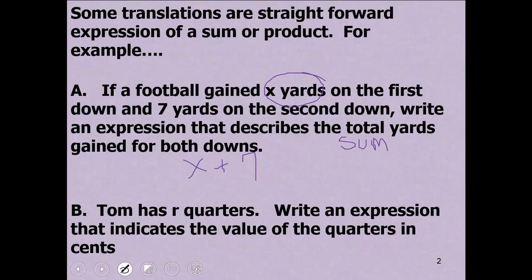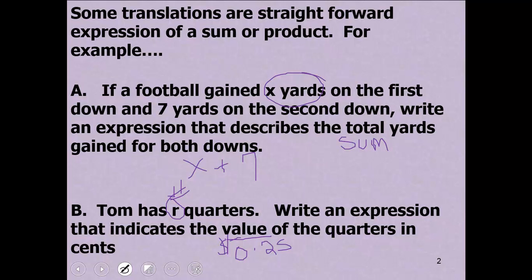With multiplication, it might look something like this. Tom has R quarters. That's the number of quarters he has. We don't know exactly how many he has, but we're saying that it's R. Write an expression that indicates the value of the quarters in cents. Well, what is the value of 1 quarter? That's 0.25.